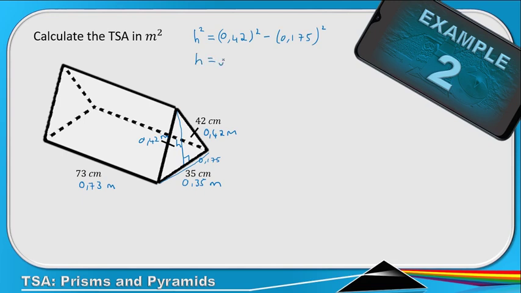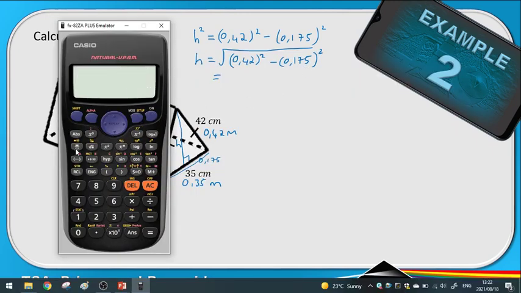So h is the square root of 0.42 squared minus 0.175 squared, and that is equal to 0.38, if we round off.